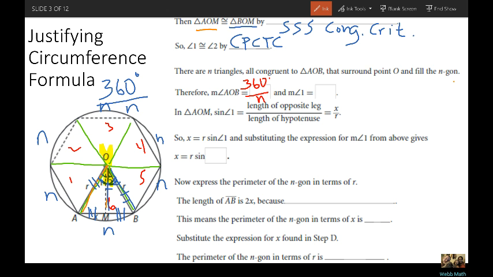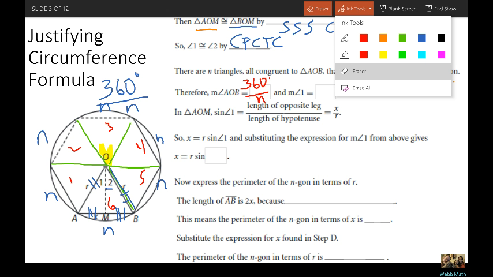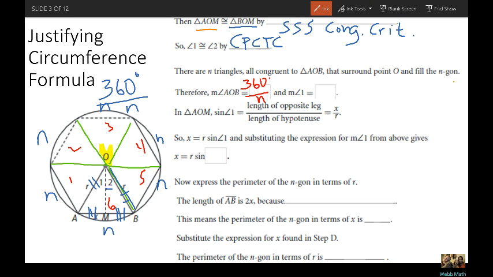So angle 1 and 2 are going to be 360 divided by n, but angle 1 is just half of that. Well, what's half of 360?